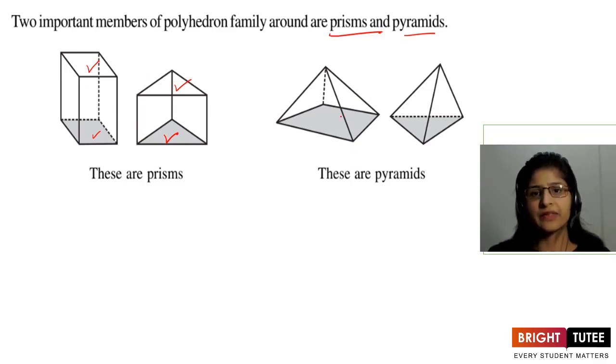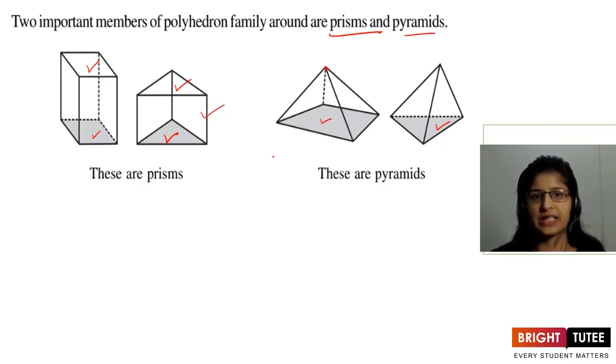But in pyramids we have a base, and all the vertices, all the corners of that face, are connected to one point, right? So this is a square pyramid, or I say rectangular pyramid, because the base is rectangular, and here I see the bottom is a triangular one. So this is a triangular pyramid, right? This is a triangular prism, we say, right?